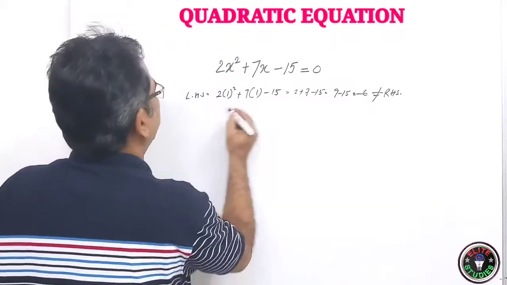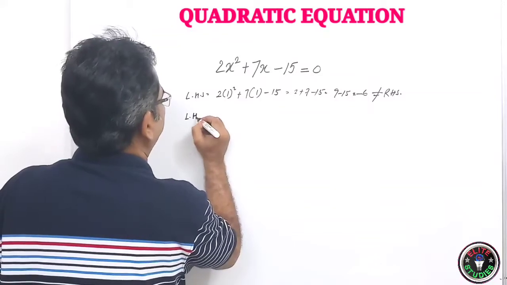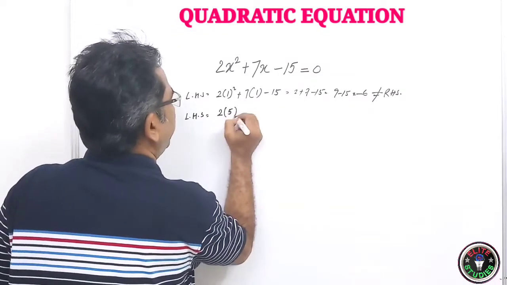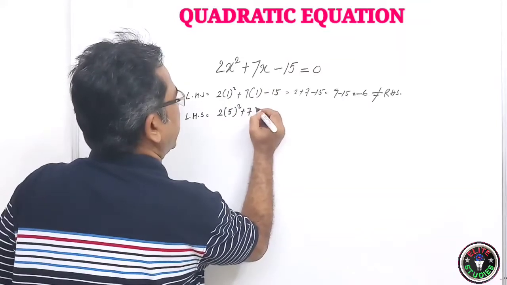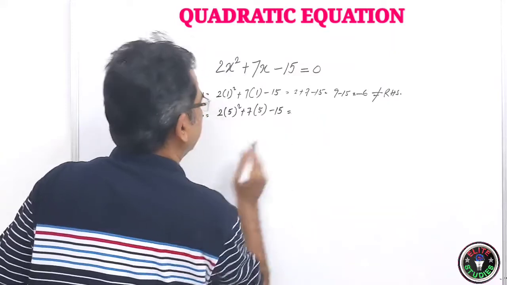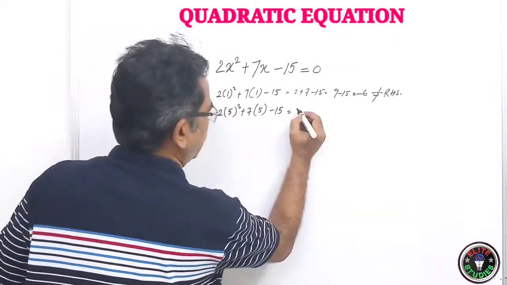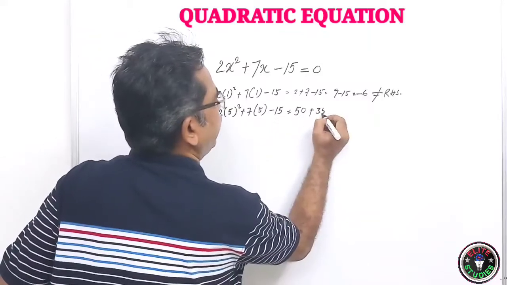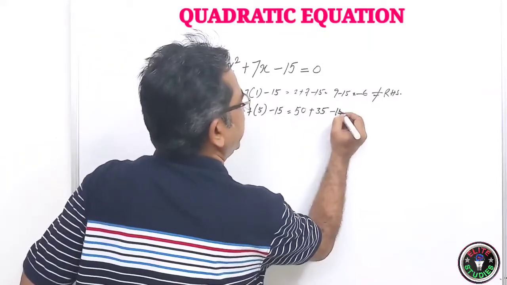Now let us put x is equal to 5. 2 into 5 square plus 7 into 5 minus 15. Now 5 square is 25, into 2 is 50, plus 7 into 5 is 35, minus 15.